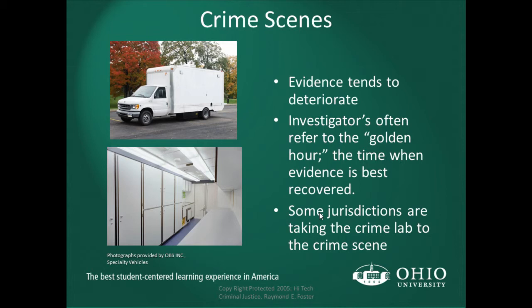This is showing a mobile crime scene van on the top. The lower picture is the inside of that van, just showing it's essentially a mobile lab. It's really important because investigators often refer to the golden hour as the time when the evidence is best recovered, and that's typically the hour just after the crime has been identified.